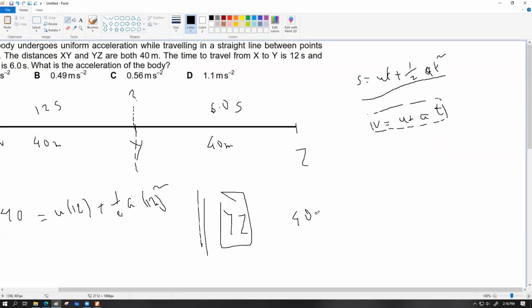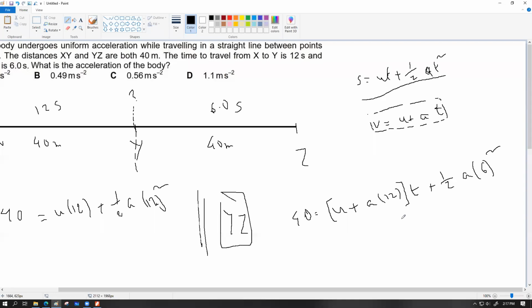40 equals ut plus half a t squared. Check this out.